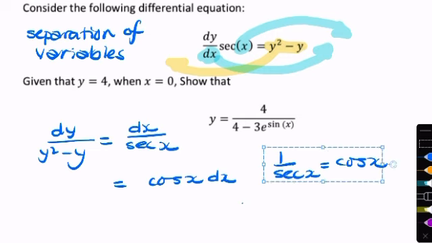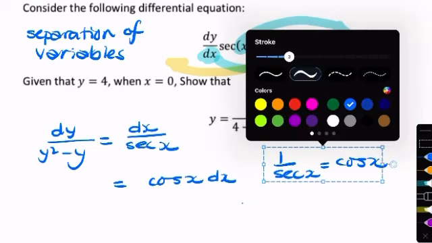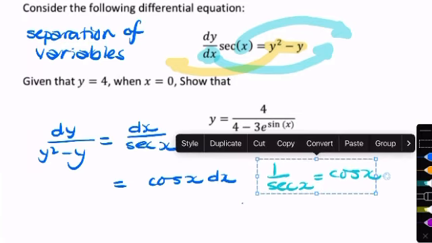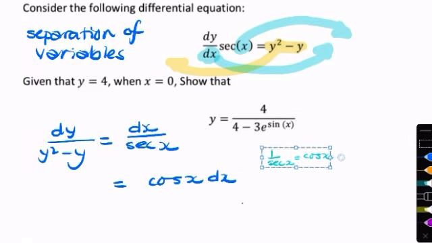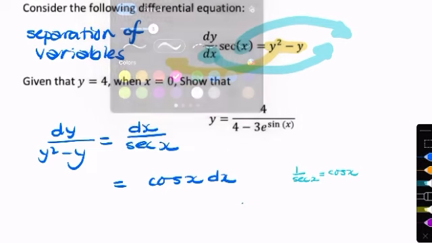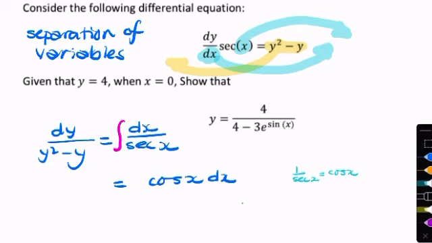Okay, so that is just something that we know, and that, I guess, we can now integrate. If you put an integration sign on both sides, we can integrate that, no problem.